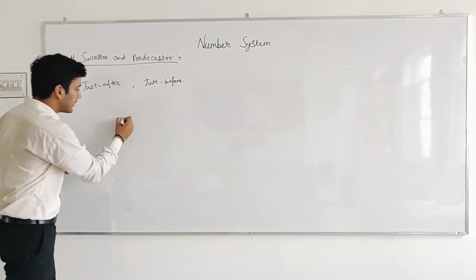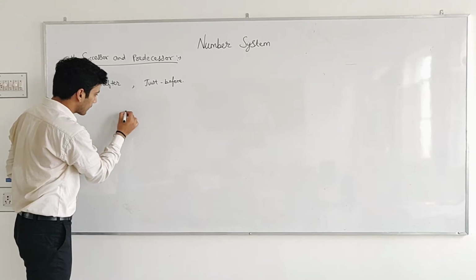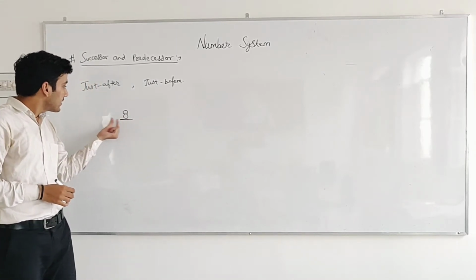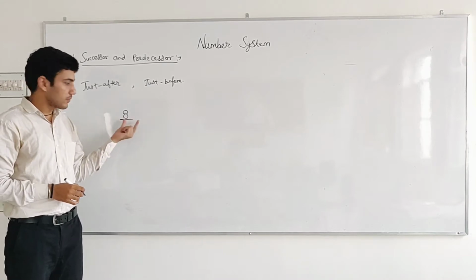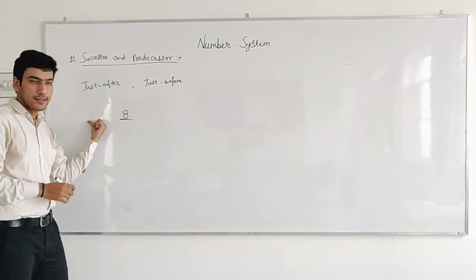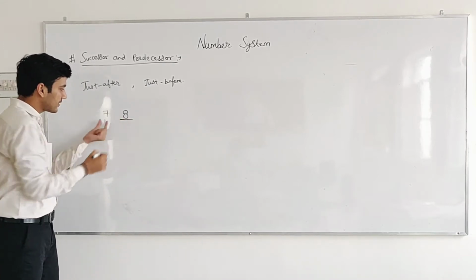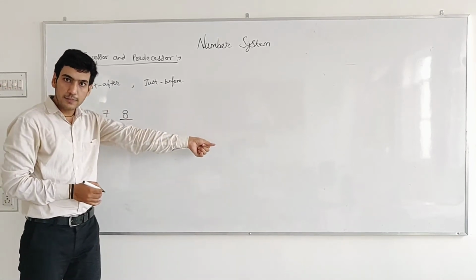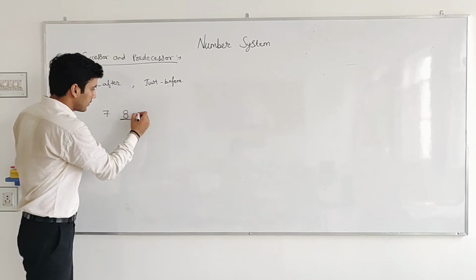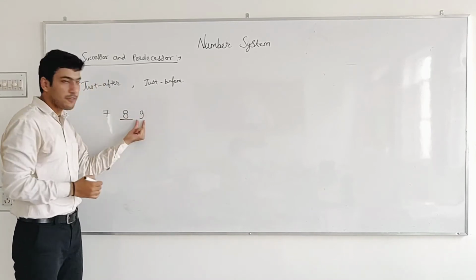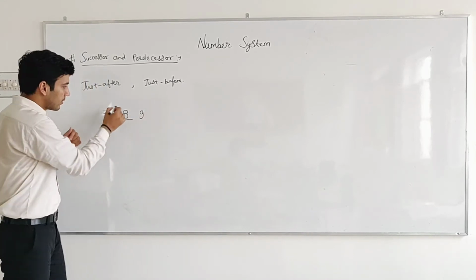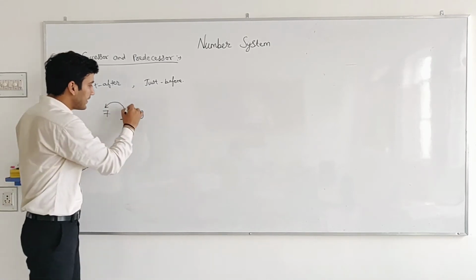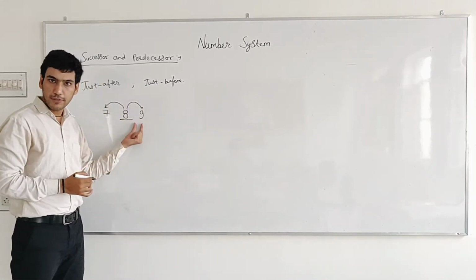Now if there is a number 8, what is just before 8? 7 is just before 8. And what is just after 8? The just after number is 9. 7 is my just before and 9 is my just after.